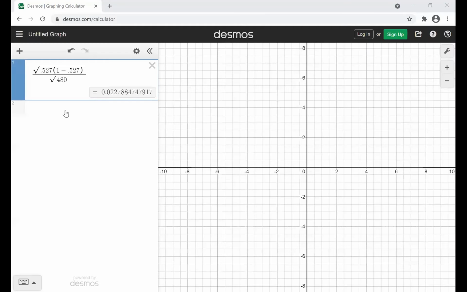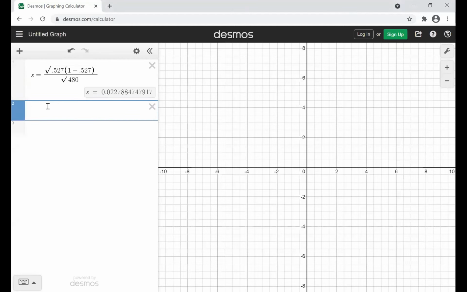I'll type it in there for those of you over Zoom. If you want to save yourself some time, you can say this is S. And then therefore our z-score Z is going to be equal to the 0.499 minus the 0.527 divided by our S. By doing this, you never have to worry about the rounding. So here, now we can round the z-score to our second decimal place because that's what the table has. So in this case, the z-score is negative 1.23.